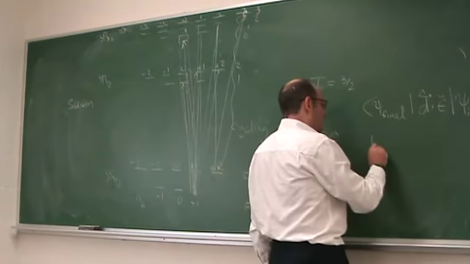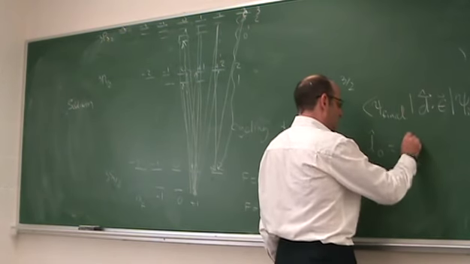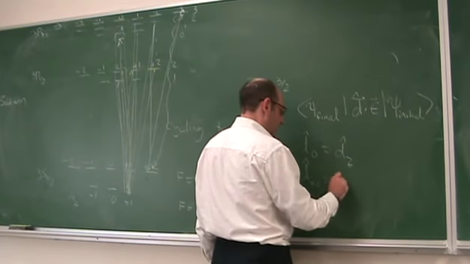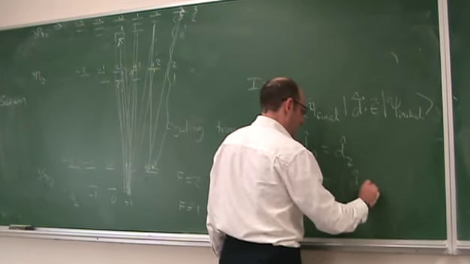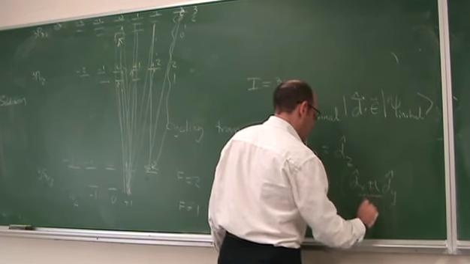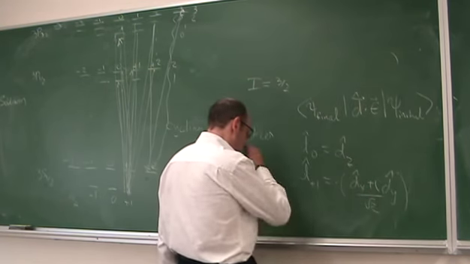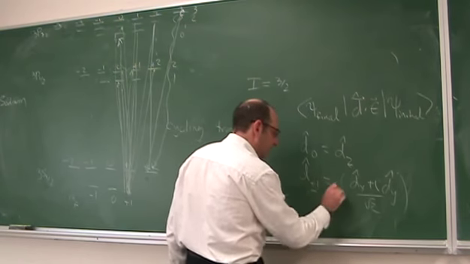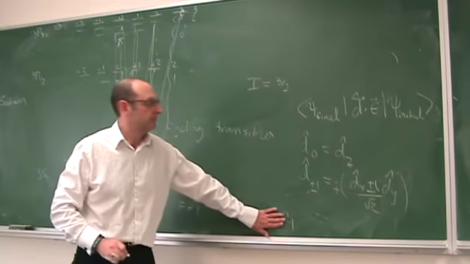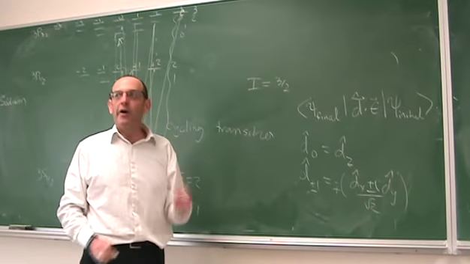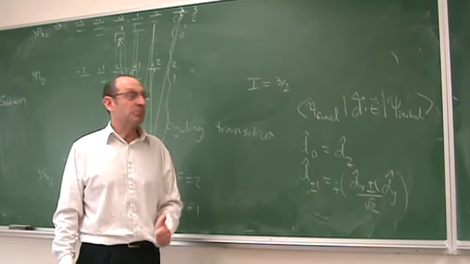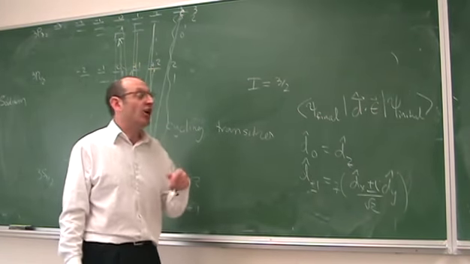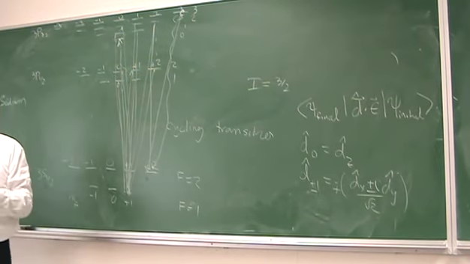Remember d0 is dz, d plus 1 is dx plus i dy over root 2, and d minus 1 is this, with the minus sign. So depending upon whether my electric field is polarized along Z, X, or Y determines which of these transitions I drive.